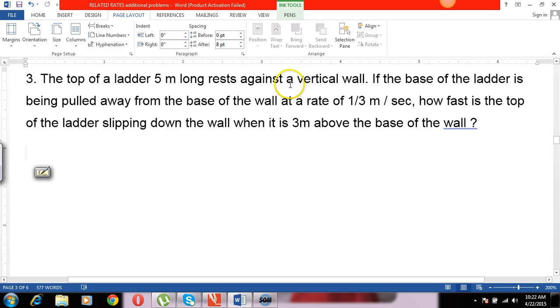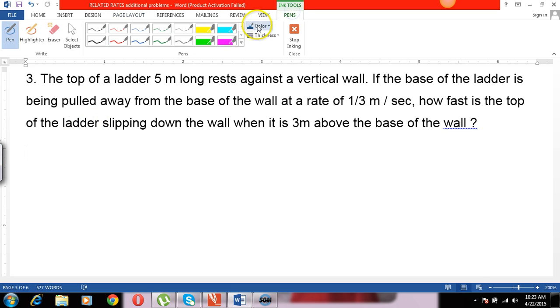If the base of the ladder is being pulled away from the base of the wall at a rate of 1/3 meter per second, how fast is the top of the ladder slipping down the wall when it is 3 meter above the base of the wall? So we have two sentences from this particular problem.